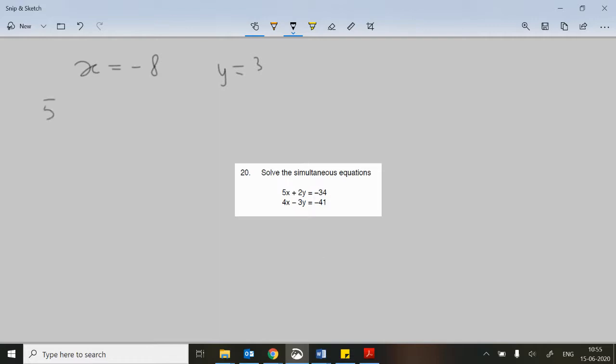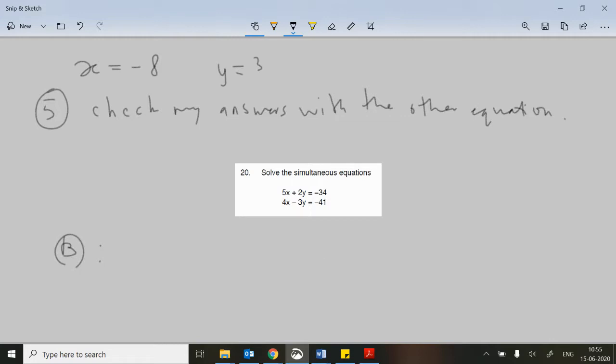So for step 5, I'm going to check my answers with the other equation, which in our case was B. So there was A, there was B, and we used A to find y. So we're going to just check with B that they work as well.